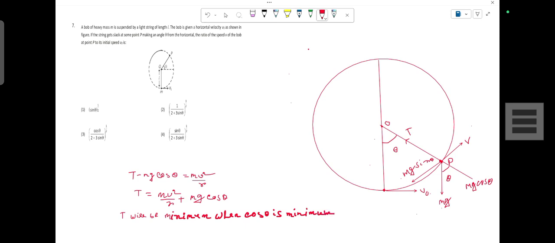That means theta is equal to 180 degrees, or cos theta is equal to -1 at theta equal to 180 degrees.